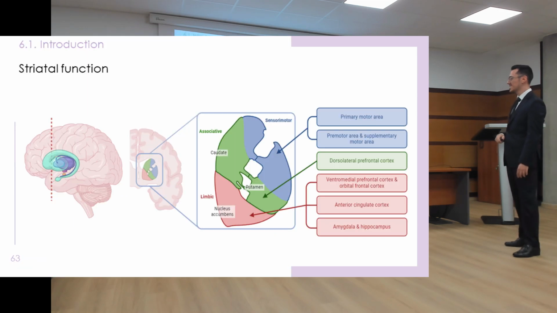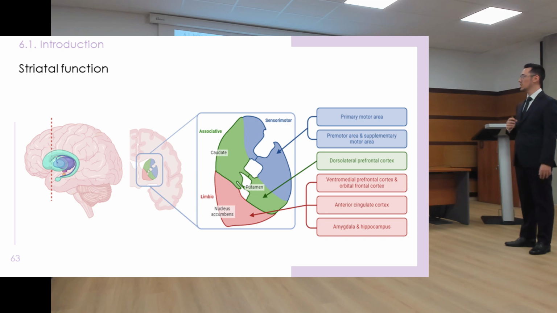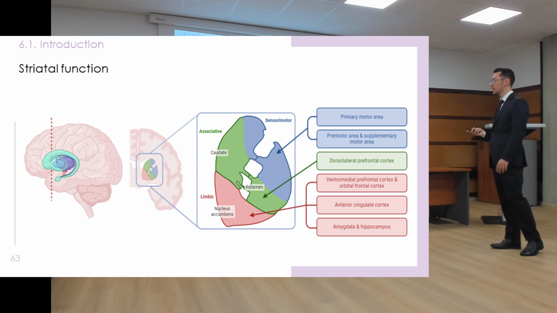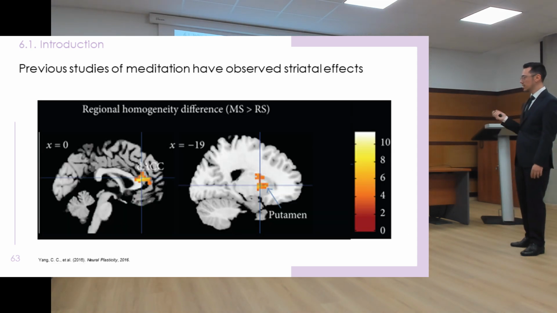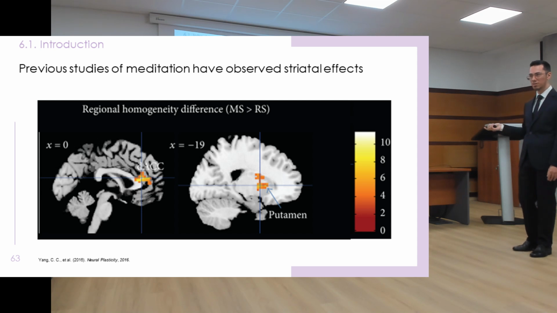So first, in this case, the striatum has been shown to subserve motor, cognitive, and motivational processes, as well as their alterations. And furthermore, several fMRI studies have found the striatum to be involved in meditation.